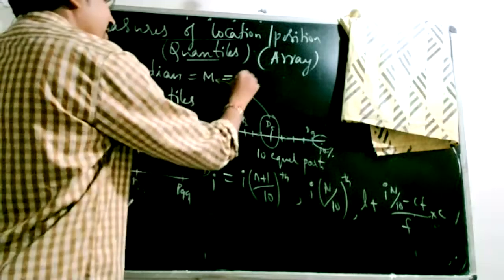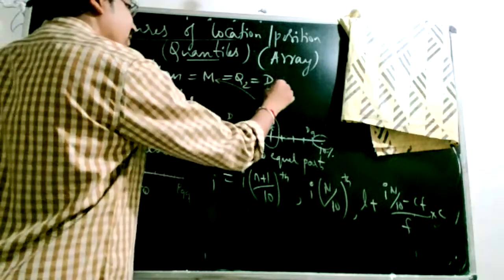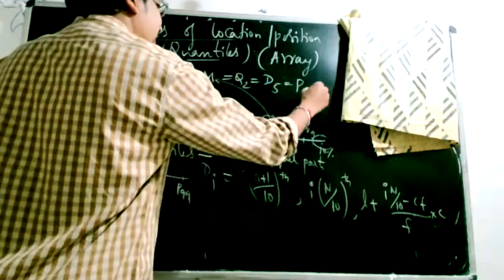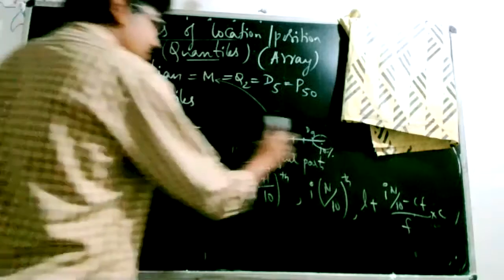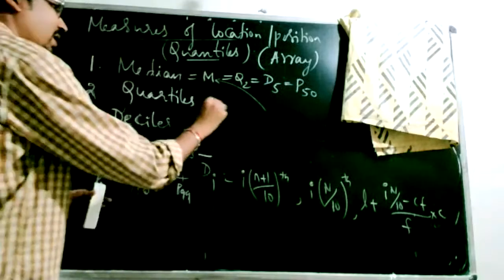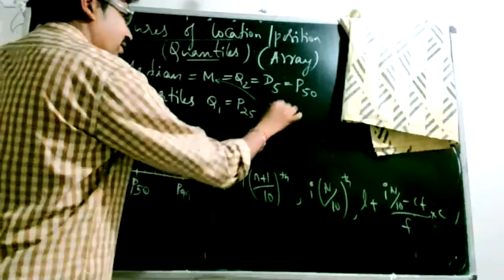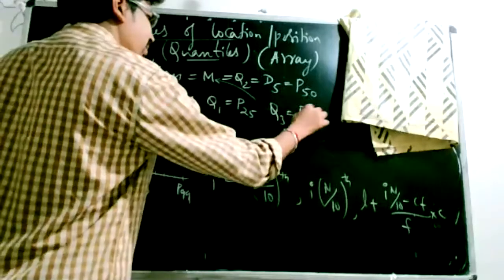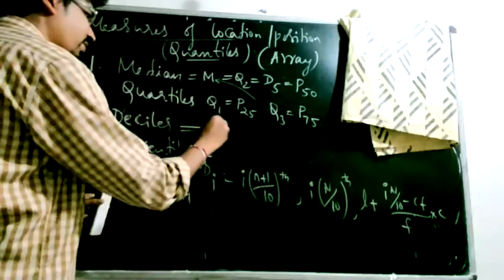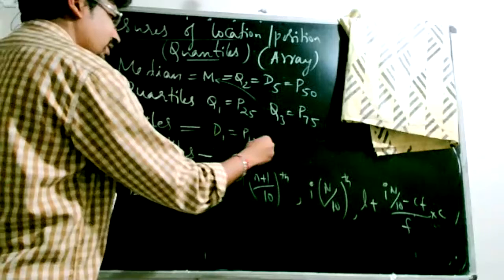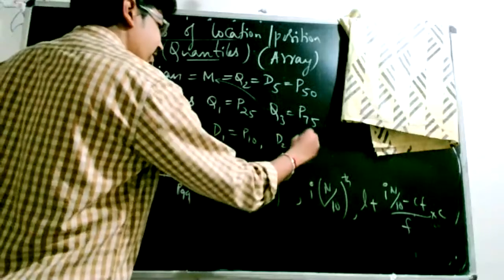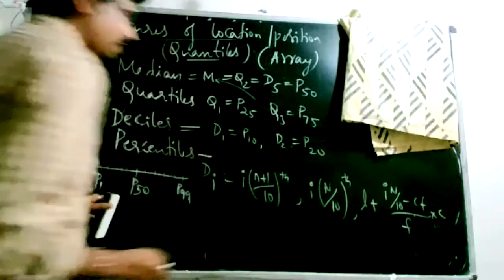So median is the same as the second quartile, the 5th decile, and the 50th percentile. Similarly, Q1 will be the same as P25, and Q3 will be the same as P75. Each decile will be equal to the respective percentile at 10 times that position.